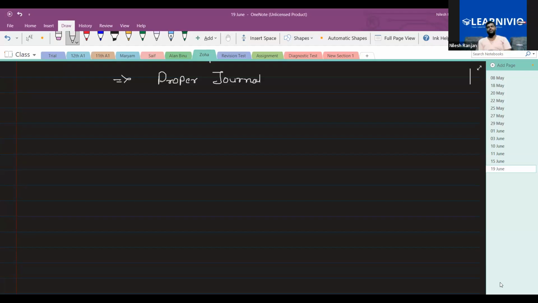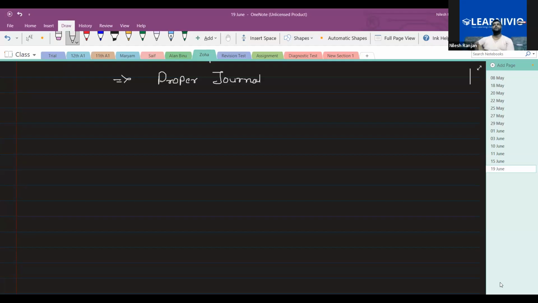So these are the 4 steps. At any point, if we find an error or any problem with the accounts, we have to find where it exists and correct it.